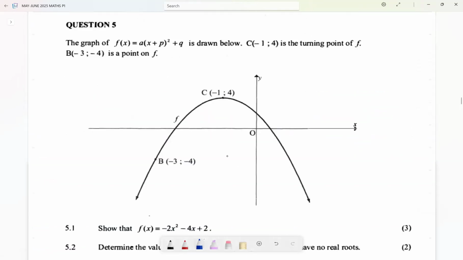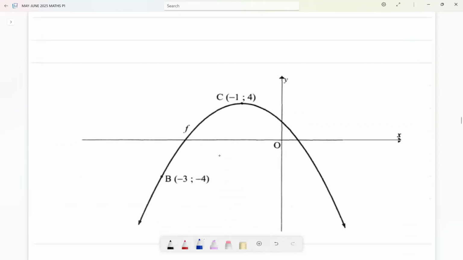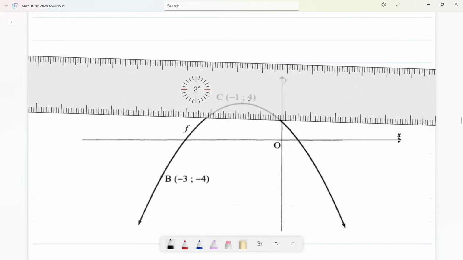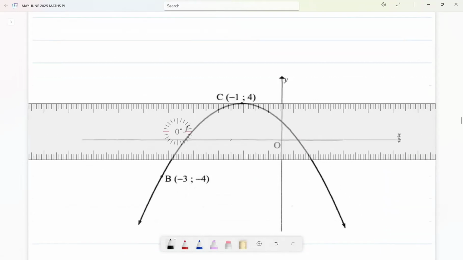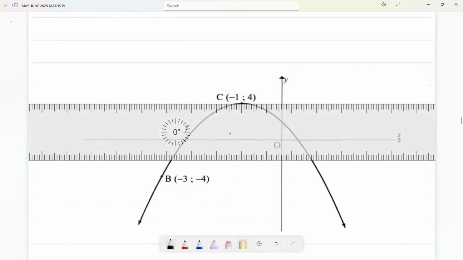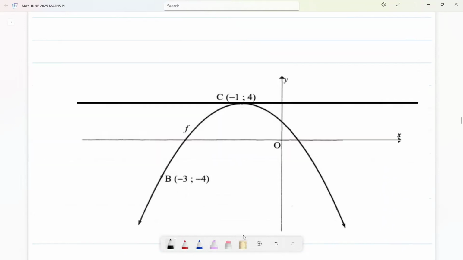Okay, let's try to reflect that graph. Here's my graph. Let's try to reflect it across this line, guys, and see exactly what I get.